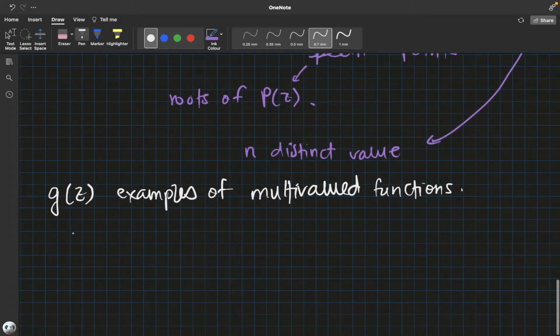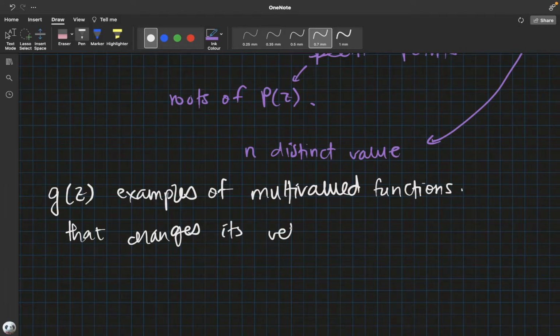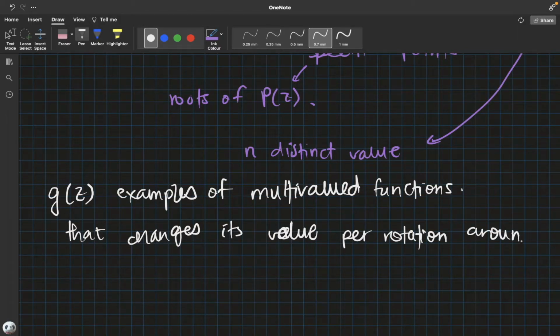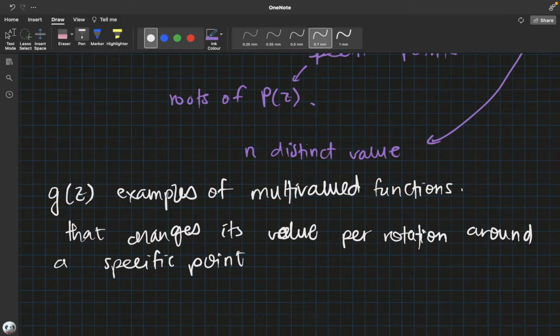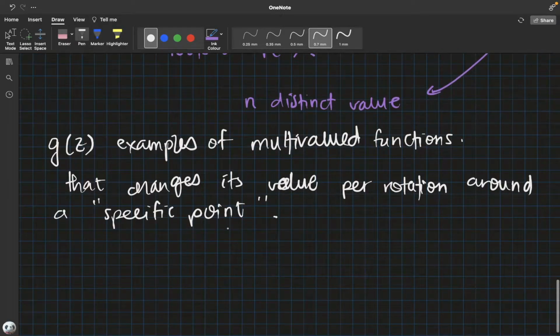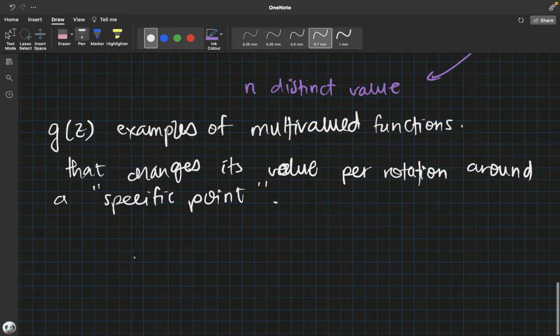A multivalued function is a function that changes its value per rotation around a specific point. I'm going to define the specific point when I come to the formalism, but it's not the same point for different functions.